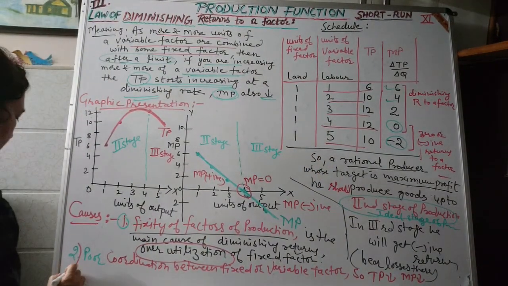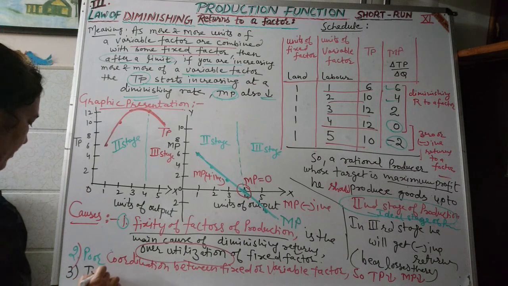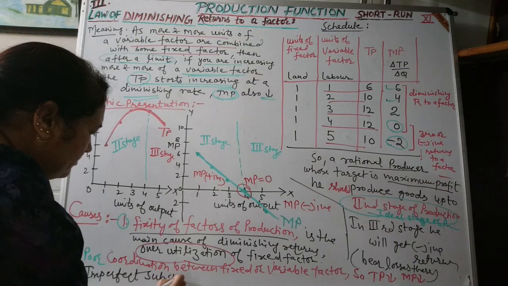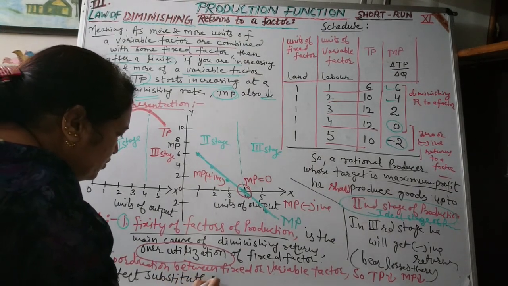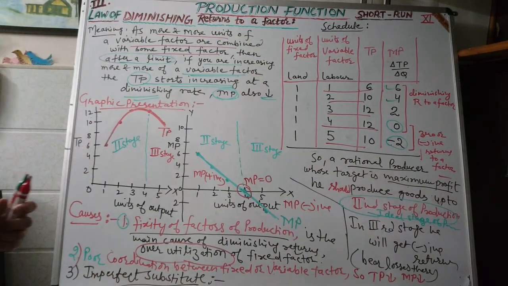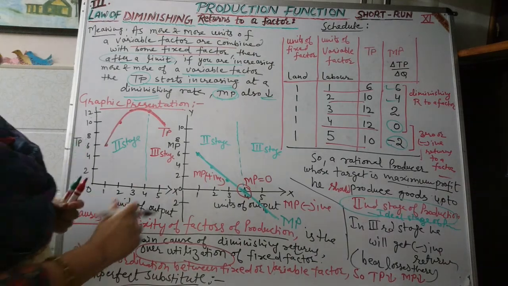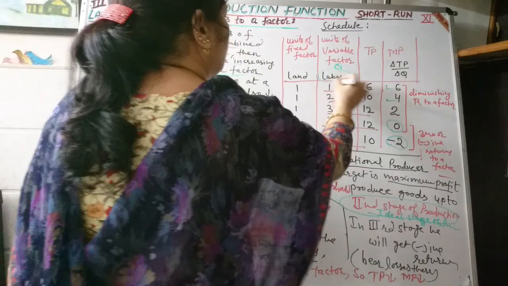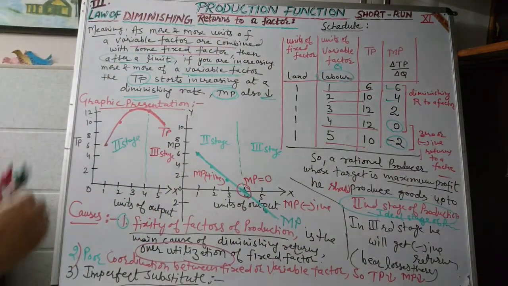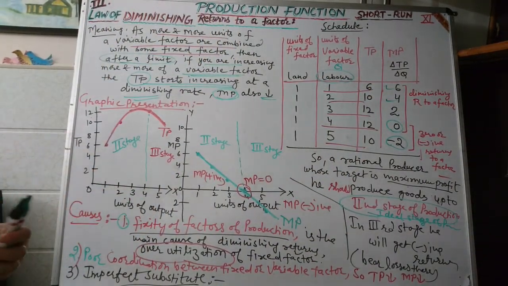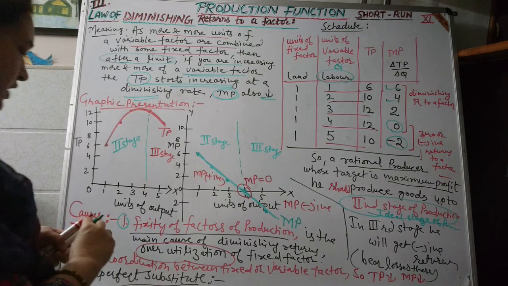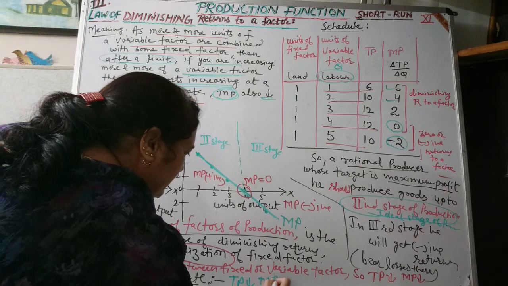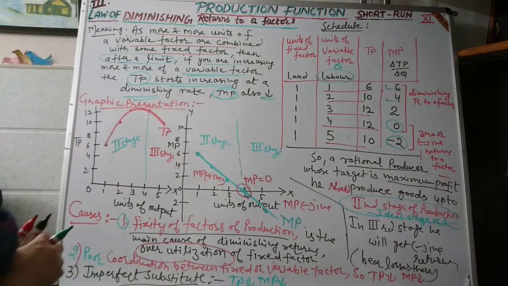Then third point is imperfect substitutes. Imperfect substitute means the variable factor, which we assume to be labor, can't be a proper substitute of capital. So that's why total production starts diminishing and ultimately marginal production also diminishes.